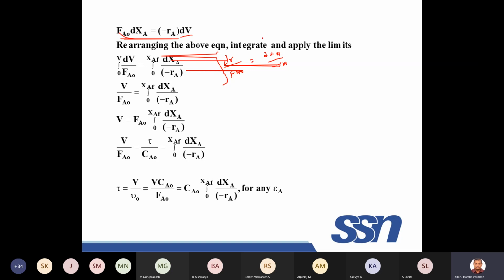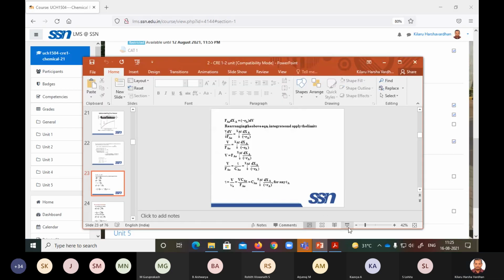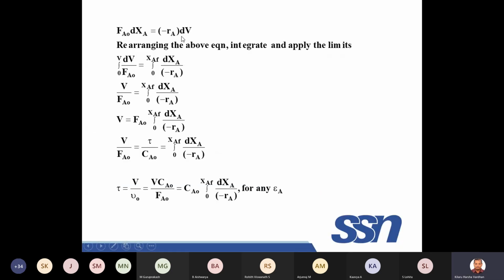So you integrate between the limits. You go from 0 to V because you are getting for that elemental strip how it changes, but the volume changes from 0 to V. When the volume is changing from 0 to V, your conversion changes from 0 to XAF.